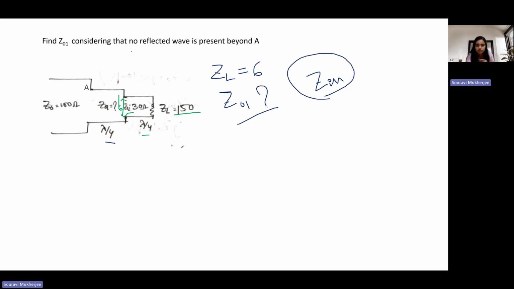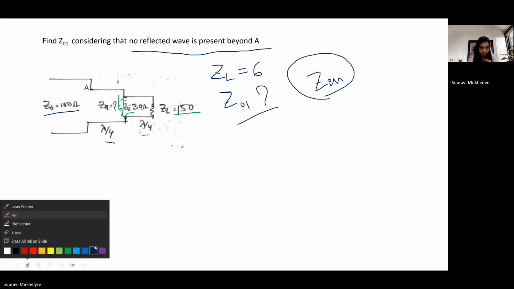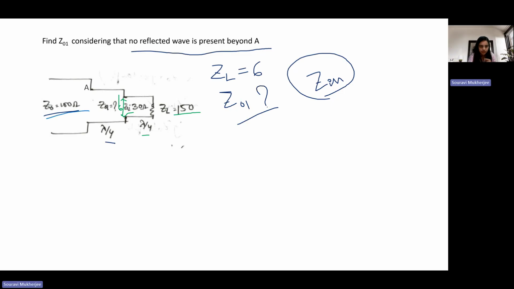So for this, what will we use? The question says that there is no reflected wave beyond A. So that means at this point, for this part of your wire, you know that the characteristic impedance is 100.